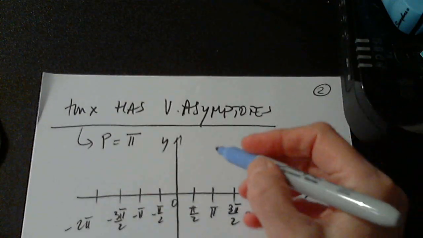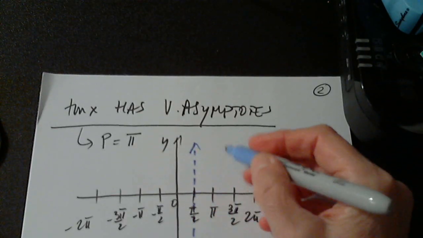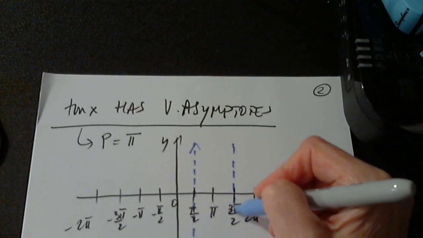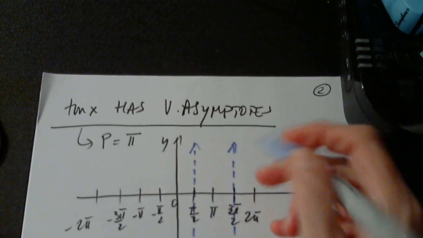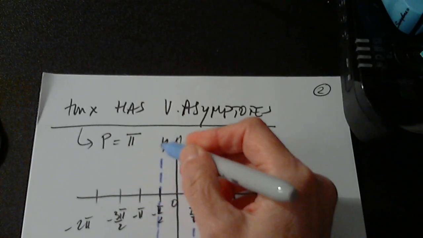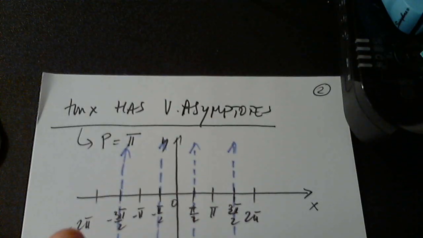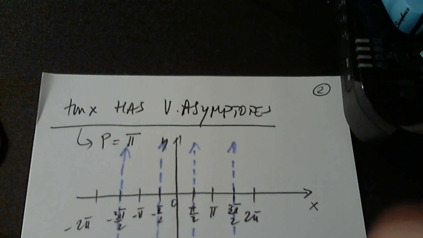Okay. As you just told me, pi over 2 or 3 pi over 2. Negative pi over 2, negative 3 pi over 2. And it goes on forever in both directions, of course. Okay, we're ready to graph it.